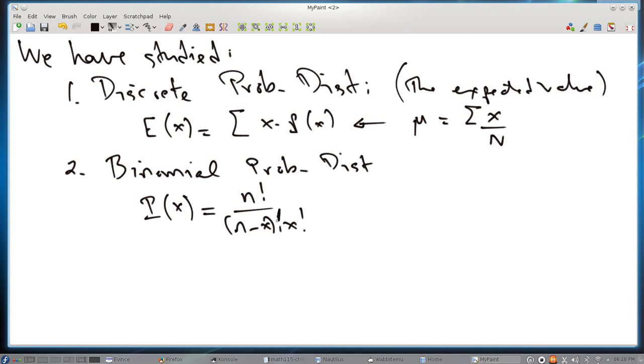Then we have the probability of success raised to the power of the number of successes, and the probability of failure raised to the power of the number of failures. And if you remember, using the binomial probability distribution, we were able to compute a probability of exactly x equals 2. And you can see here, this is an individual number that we computed for x exactly equal to 2.